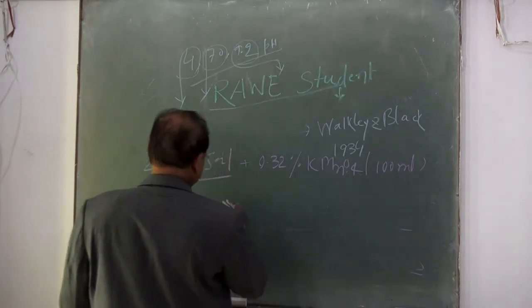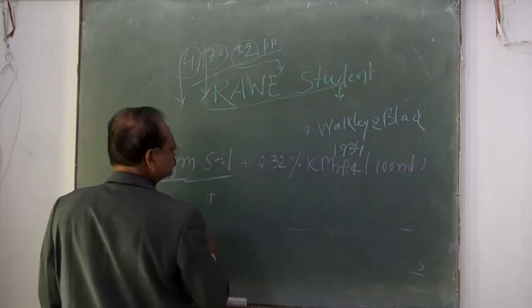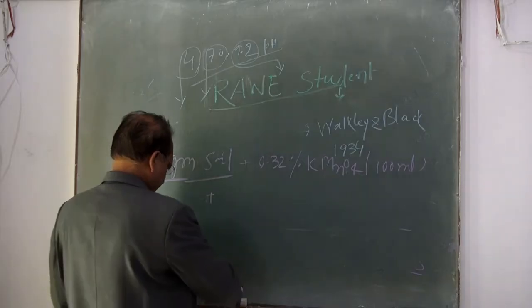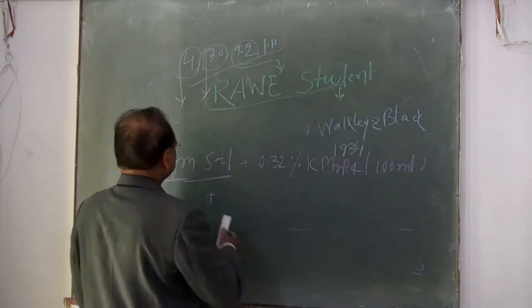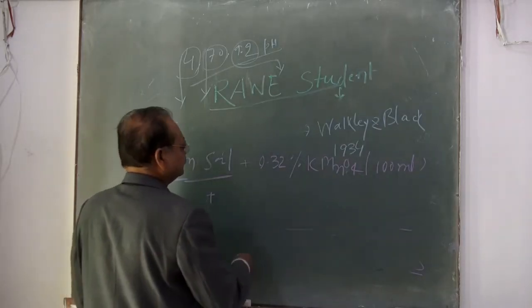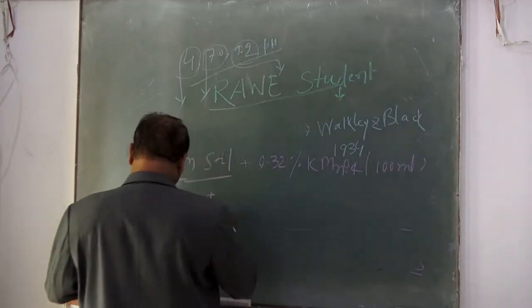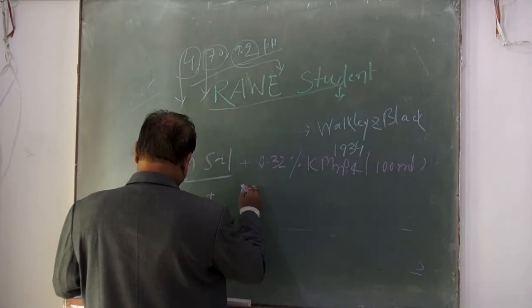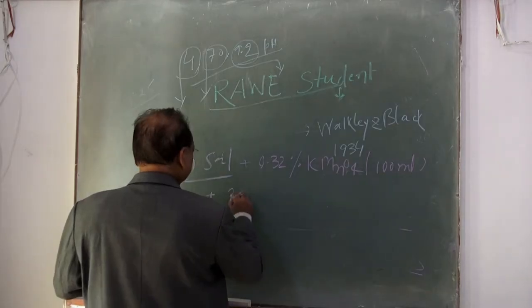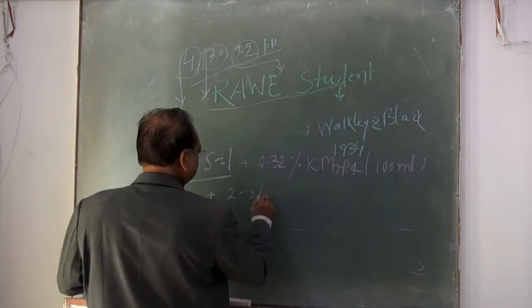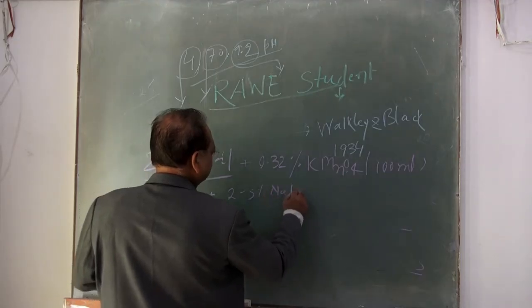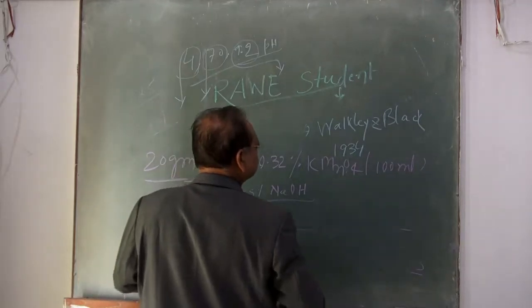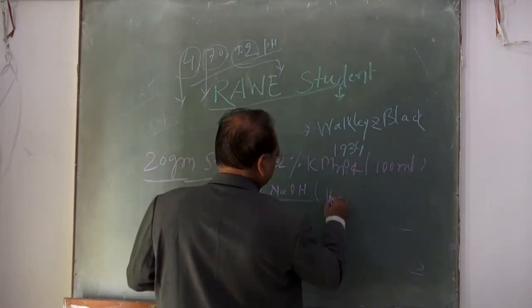Then add 2.5% sodium hydroxide solution, 100 ml.